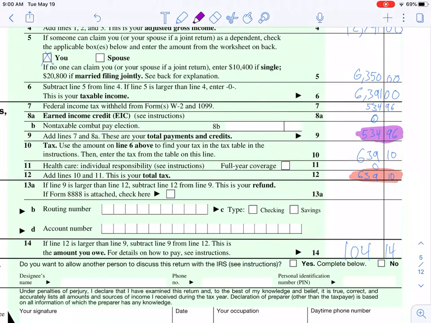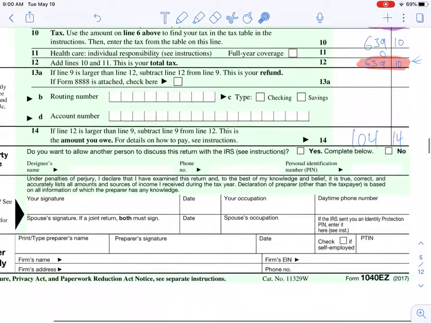This is what she sent from each check, set aside for tax purposes to pay taxes. But here's what she actually ended up owing. So unlike the last video, if line 9 is larger than line 12, which is not the case here, you would subtract these and get a refund. It means that you paid more here from each check than you owed here. But that's not the case for Melinda.